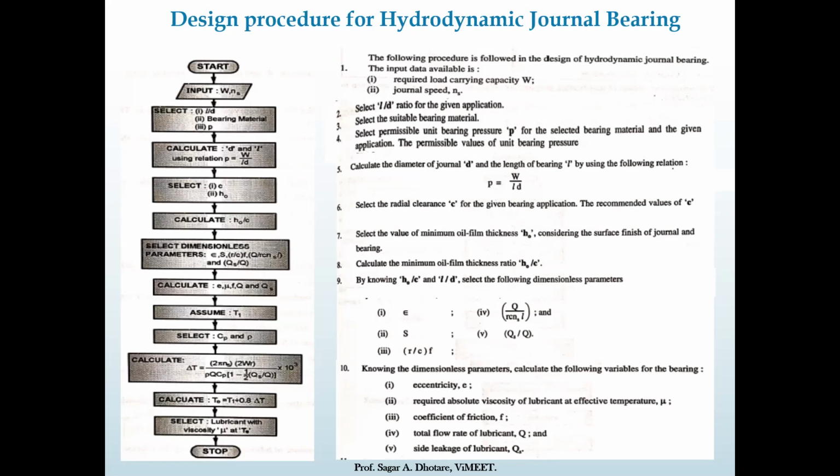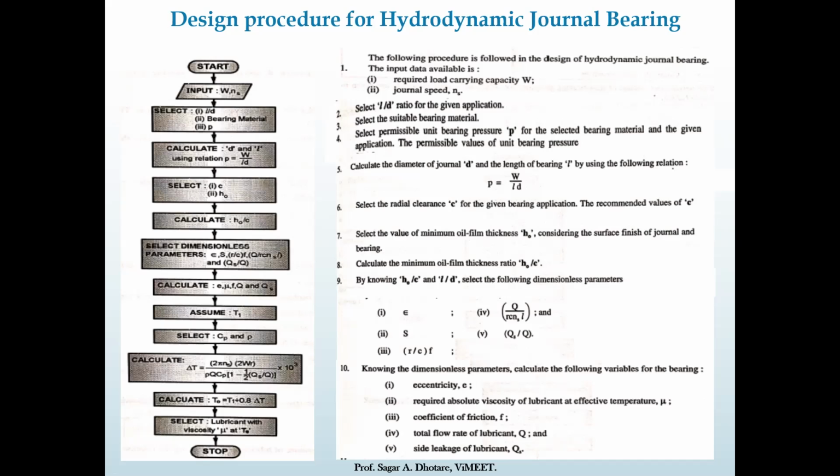Then, using the minimum oil film thickness ratio and these dimensionless parameters, you can find the other ratios: the Sommerfeld number, then the Q by r c n s l ratio. So these ratios we can find.